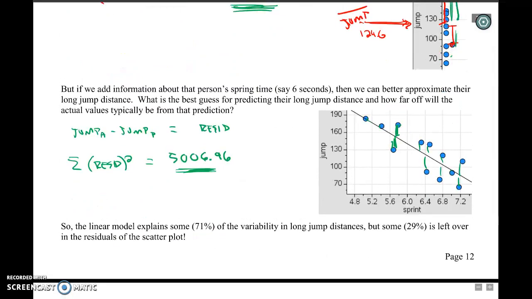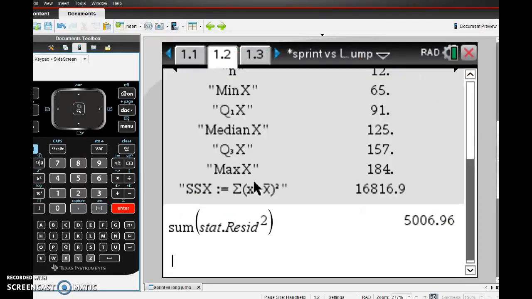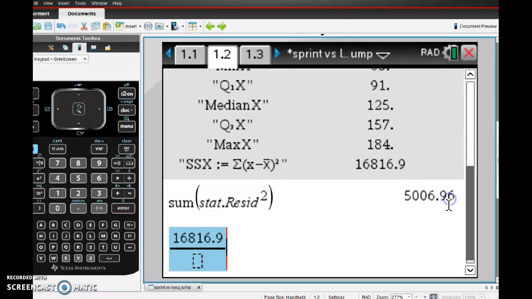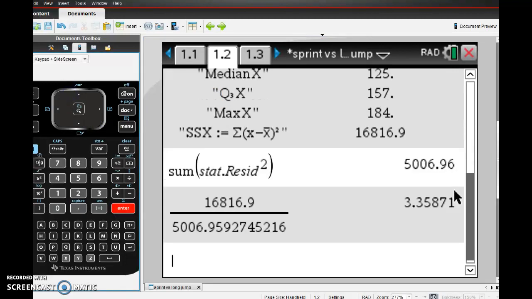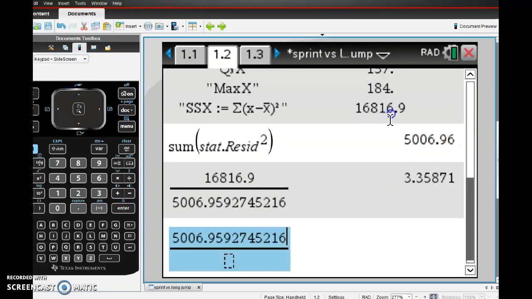In fact, I could figure out what percentage is left over. I could take the 5006.96 and divide by the 16816.9. I could take this divided by this. Oops, I'm sorry, I did that the wrong way. Dang it. I was doing so well too, and I screwed it all up. Let's take the small divided by the big. Does that make a little more sense for a percentage?